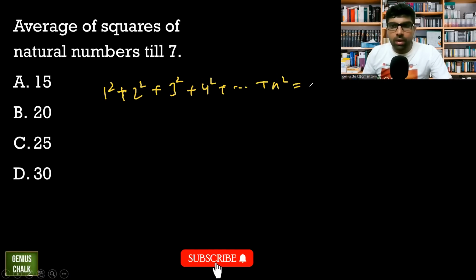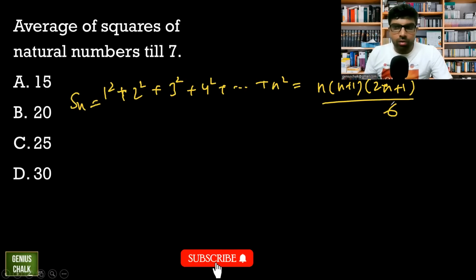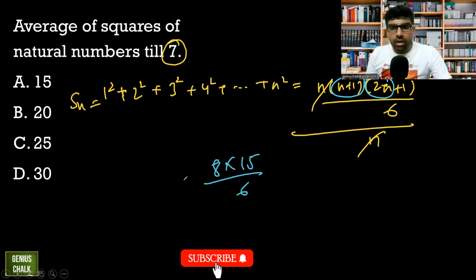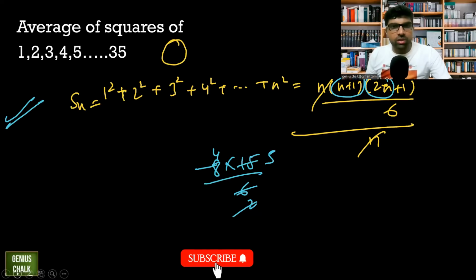Sum is n into n plus 1 into 2n plus 1 by 6. This is the sum, right? So dividing this by n, you will get the value of average. So it is (n plus 1) into (2n plus 1) by 6. Here n is 7. So put it in: 4 5s are 20. 20 is my answer.